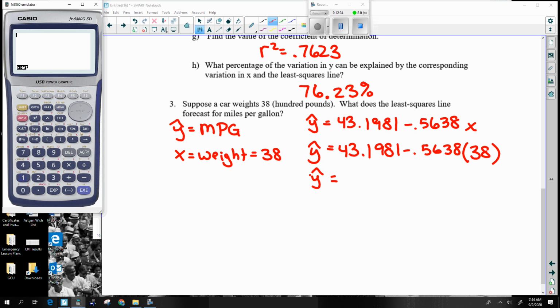And so I go to my main calculator and just plug and chug here. So this vehicle would get 21 miles per gallon.